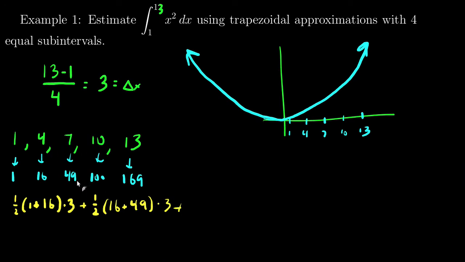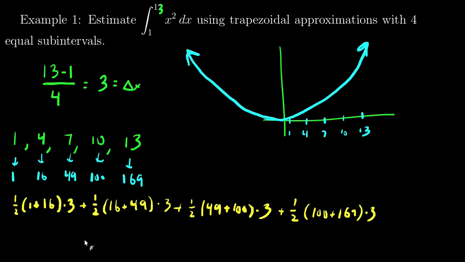For the third trapezoid, I have 1/2 times 49 plus 100 times 3. And for the fourth trapezoid, height is still 3, so I have plus 1/2 times 100 plus 169 times 3.